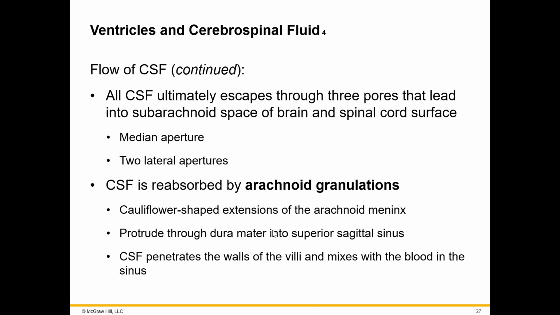These are cauliflower-shaped extensions on the arachnoid meninx. They protrude through the dura mater into the superior sagittal sinus, and the cerebrospinal fluid penetrates the walls of the microvilli and mixes with the blood in the sinus.